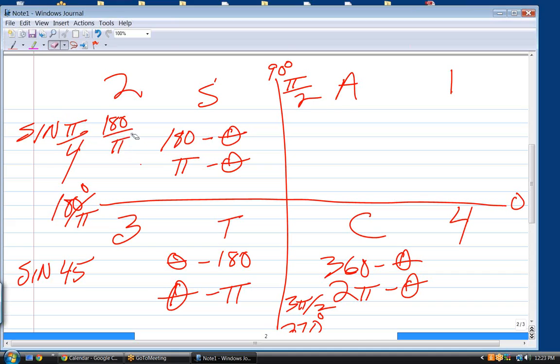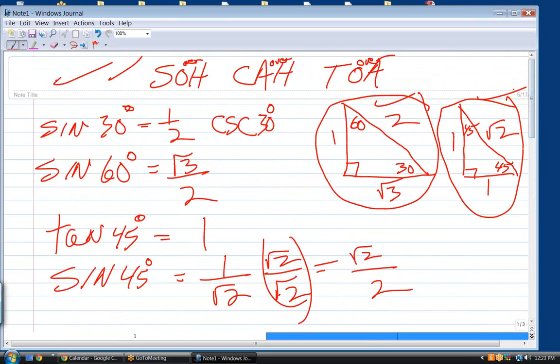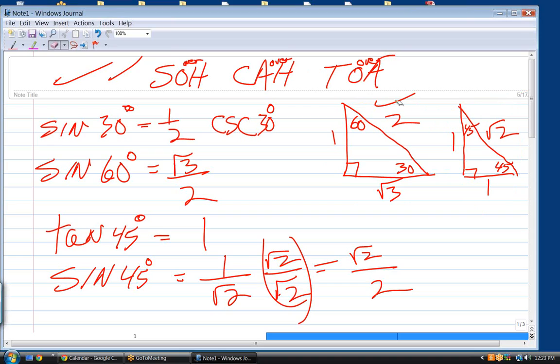But at some point, if you do trig long enough, you know that pi over 4 is 45 degrees. Okay? So you don't actually have to convert it. All you have to remember is what is the sine of 45 degrees? Well, I'm going to keep showing you these triangles all day today, but at some point you're going to have to memorize these triangles. What's the sine of 45 degrees?